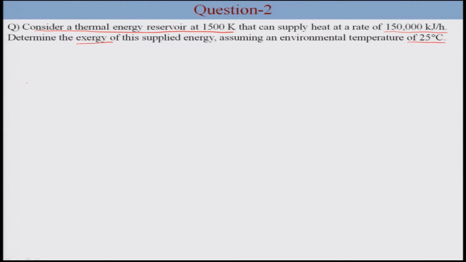So for this, if we take it as a heat engine, it takes energy from a reservoir which is at 1500 Kelvin, and it is supplying heat at a rate of 150,000 kilojoule per hour, and the environmental temperature is 25 degrees Celsius, and some work is being produced.